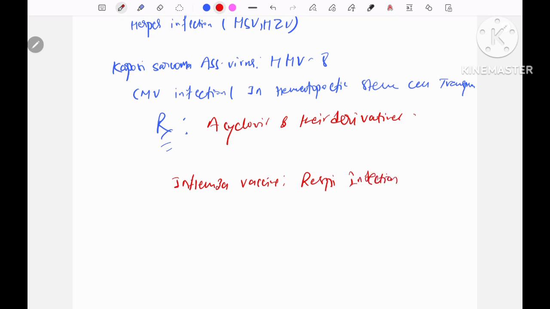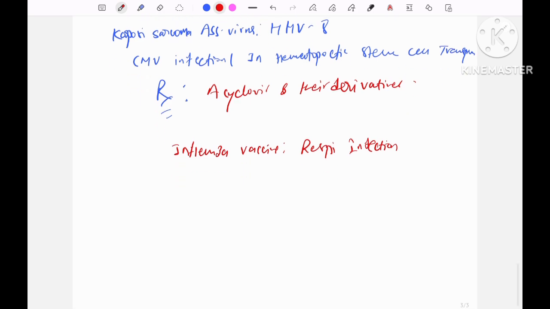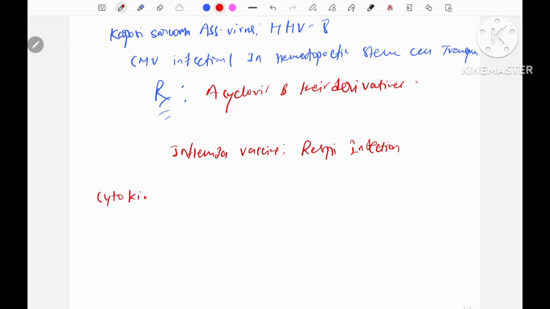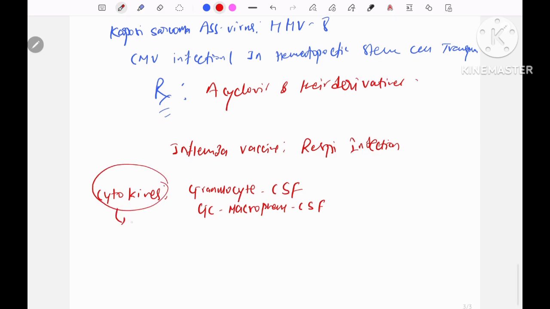Now finally, concluding: is there any other method which we can use during febrile neutropenia? Yes, the last method is giving cytokines, that is granulocyte colony stimulating factor and granulocyte macrophage colony stimulating factor. We only give cytokines if there is severe and prolonged neutropenia.